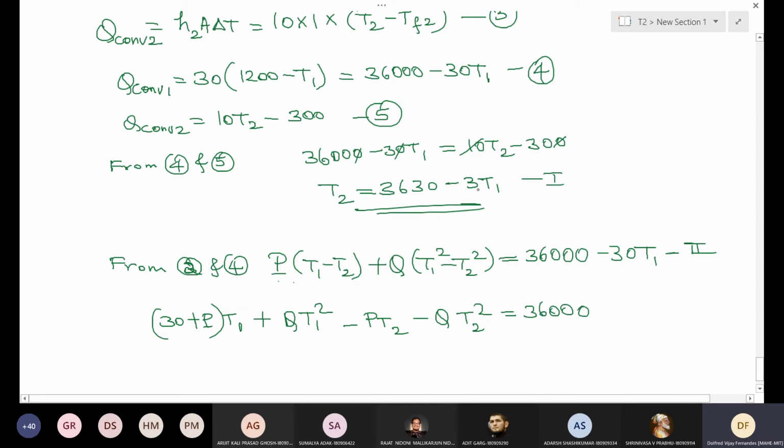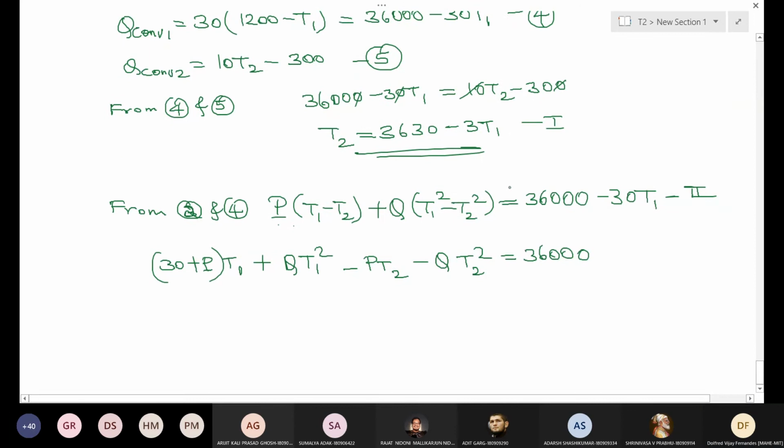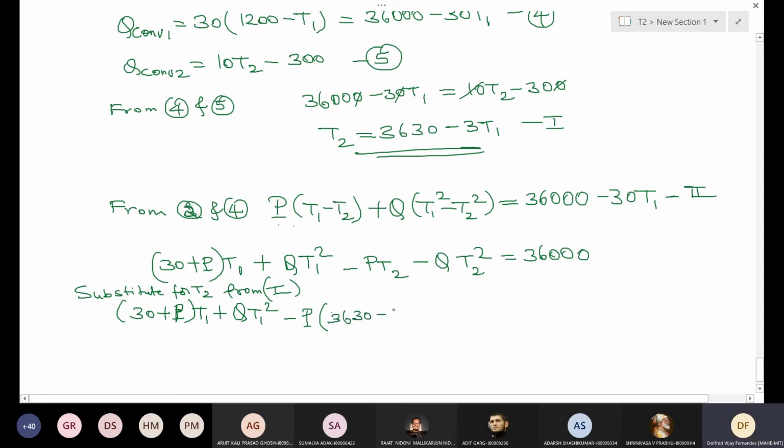Now substitute for T2. We can substitute in terms of T1. So (30 plus P) T1 plus Q into T1 squared, minus P into T2, where T2 can be written from equation 1 as 3630 minus 3T1.